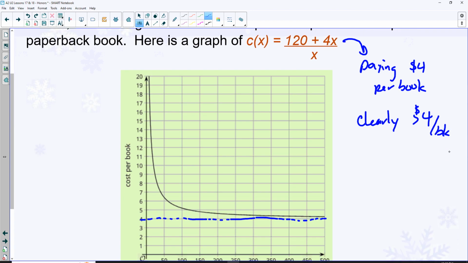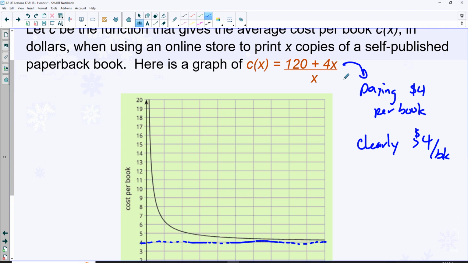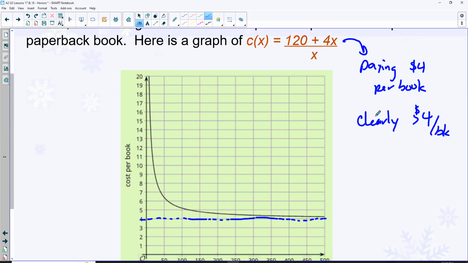But what's going to happen as x gets bigger and bigger? As x gets bigger and bigger, this part of the function is going to kind of dominate the math calculation here. So let's say that we print a lot of books.